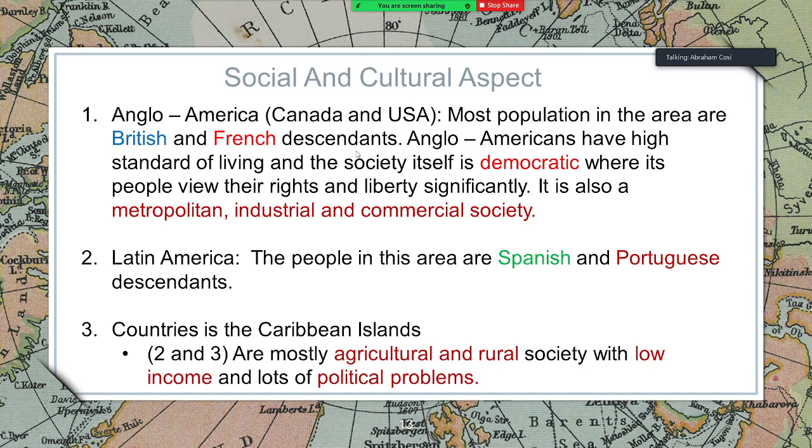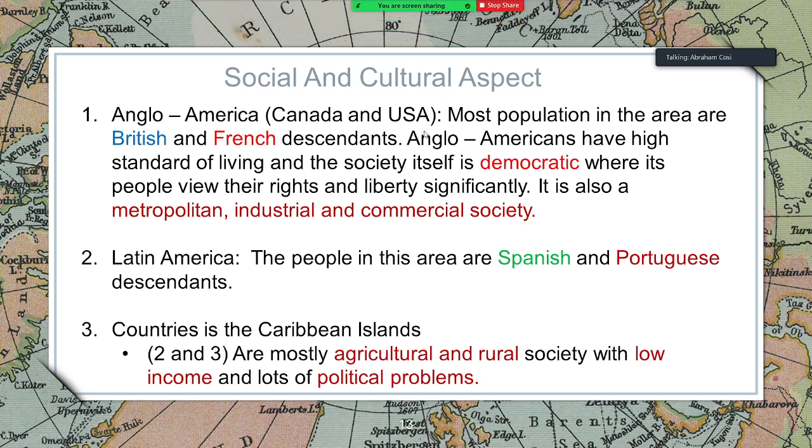They are citizens of Canada and USA, but their roots, their blood, are from British people and from French people. That is what descendants means, like ancestors. Their ancestors were British and French.